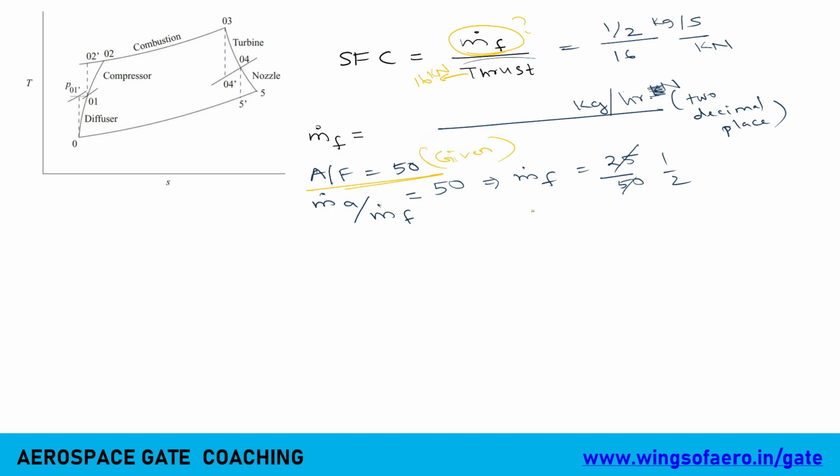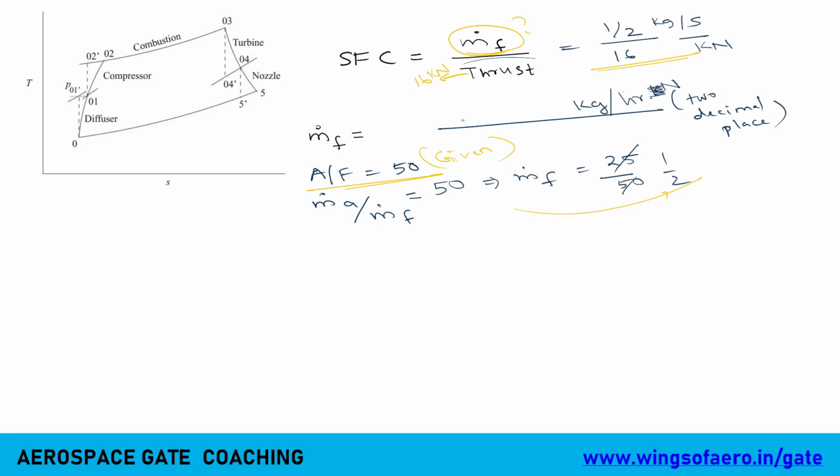Using this ratio we find out this value and substitute it over here. Now you need to give the answer to 2 decimal places, and the unit should be kg per hour newton. That is the question here.